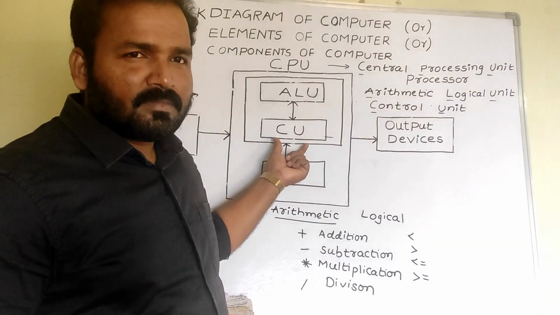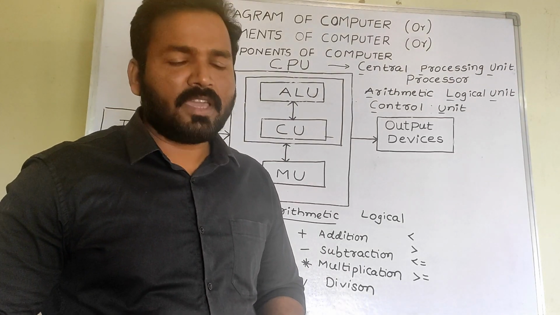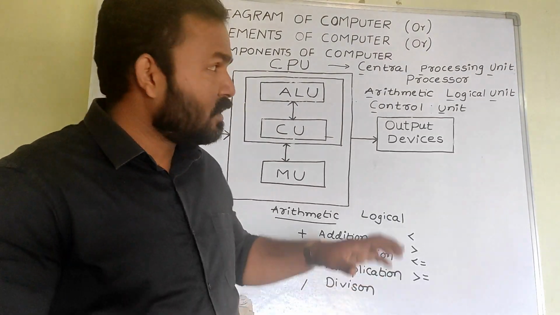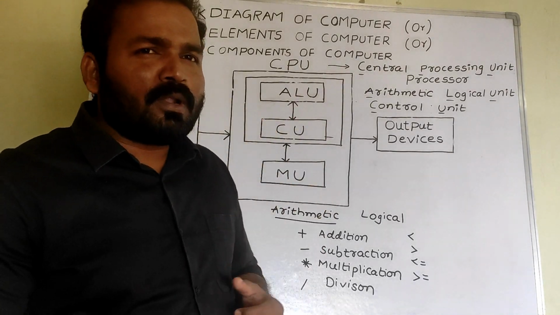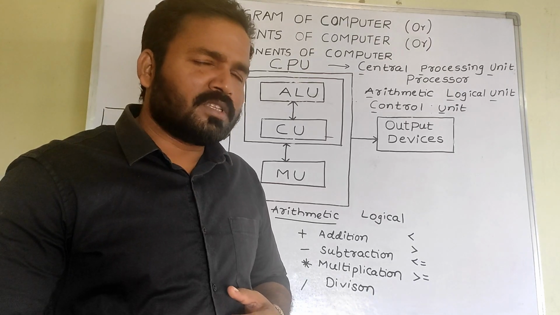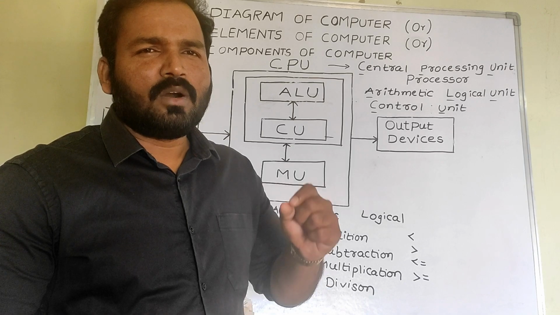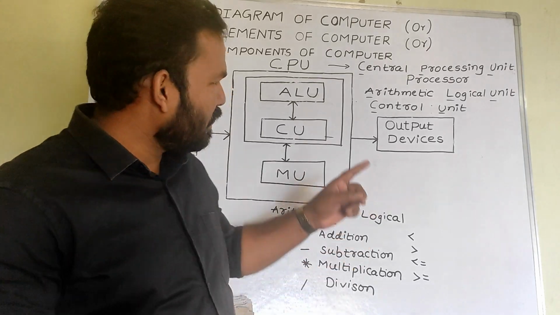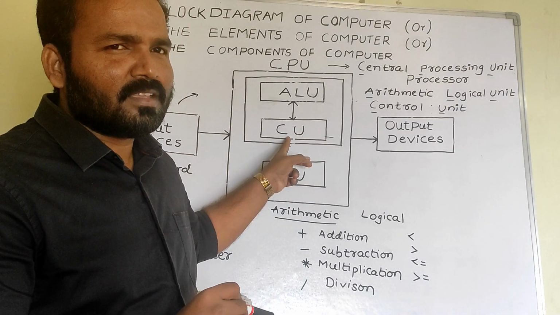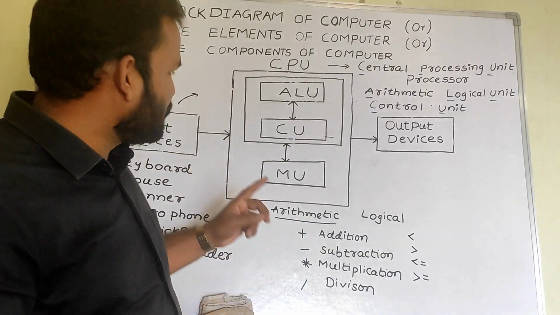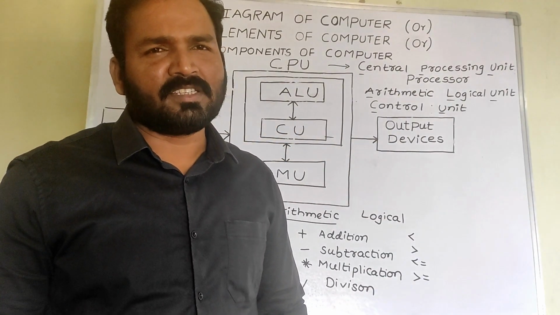It controls the activities of the computer. Okay, control unit controls the activities of the computer. Control unit controls processing and all the devices, such as input devices and output devices.